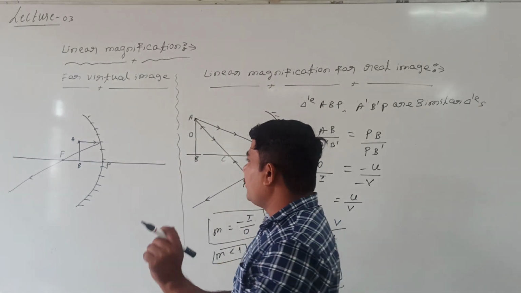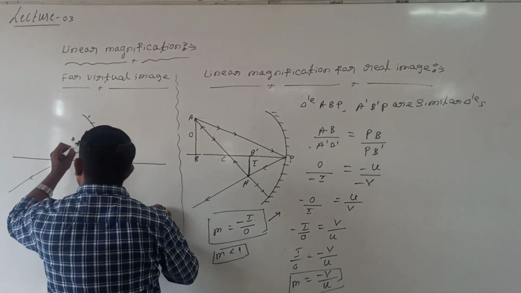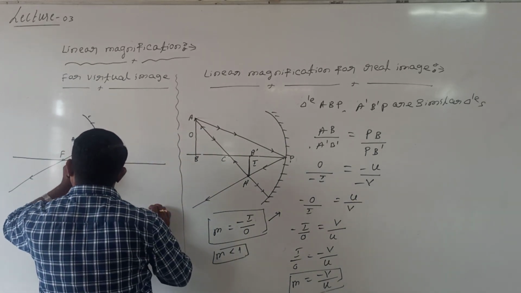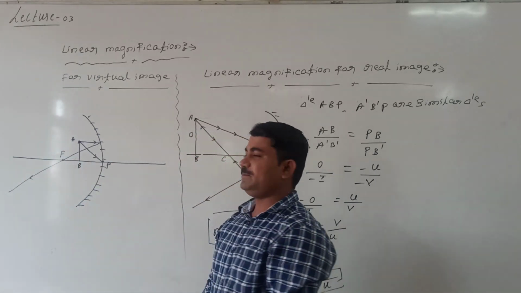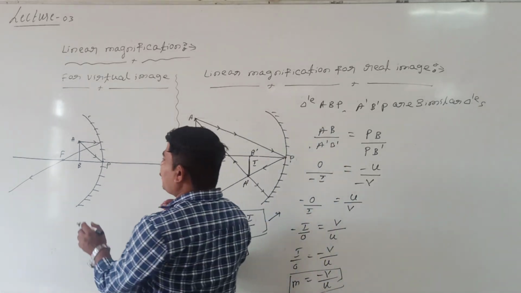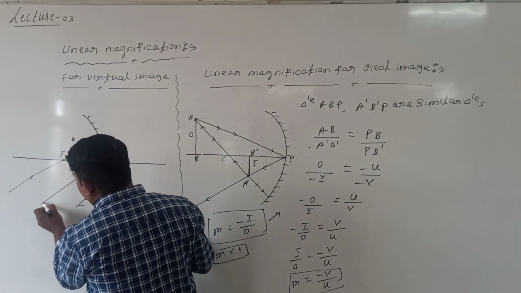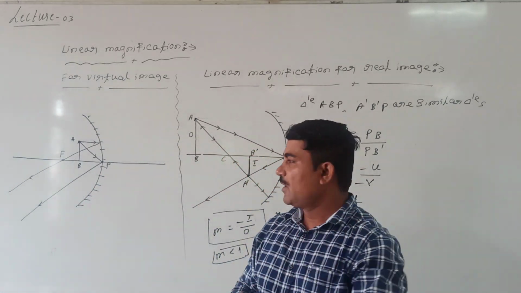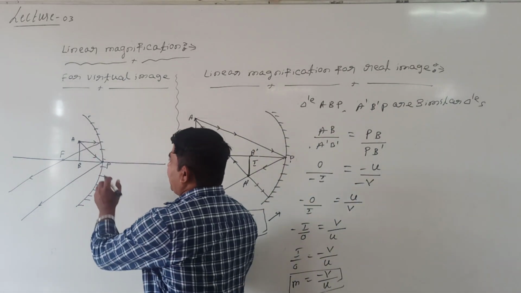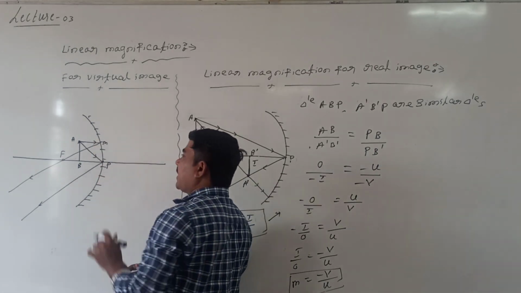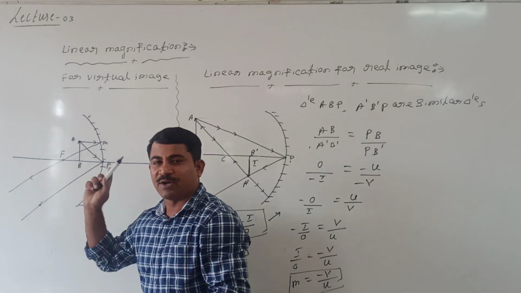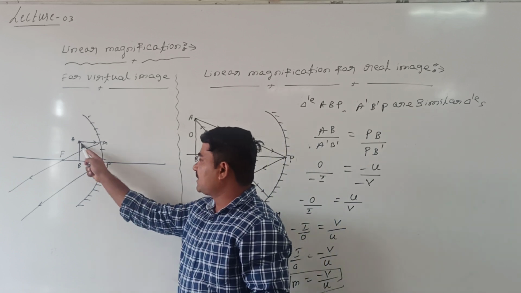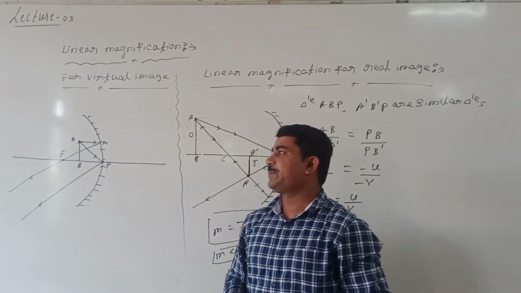Now consider one more ray of light incident at the pole. After incidence, this ray of light is reflected back in this direction. One ray of light incident at point M gets reflected passing through the focus. The second ray of light incident at the pole gets reflected.